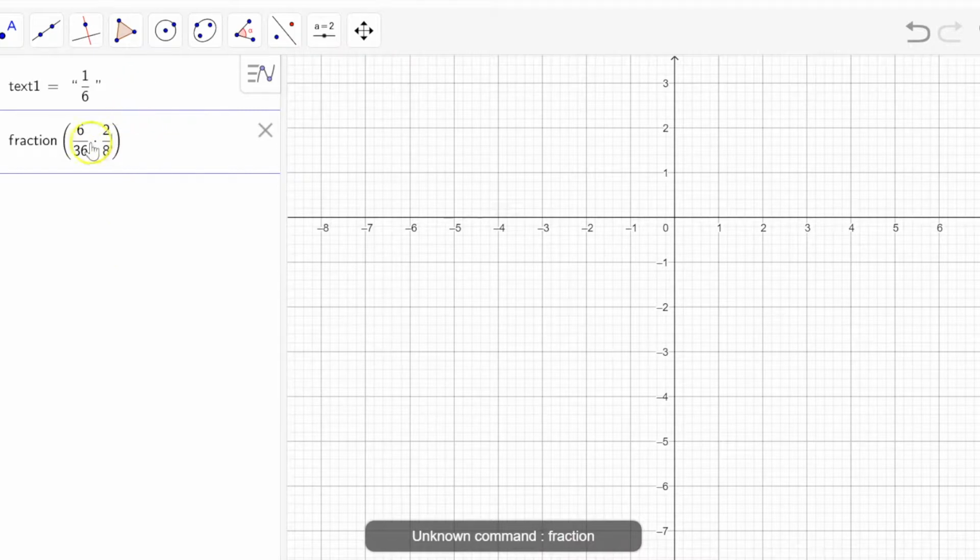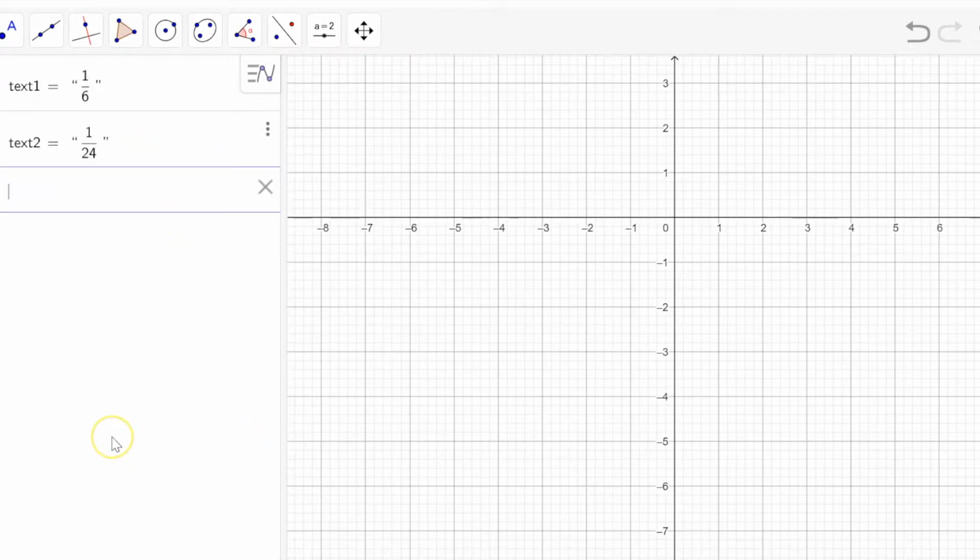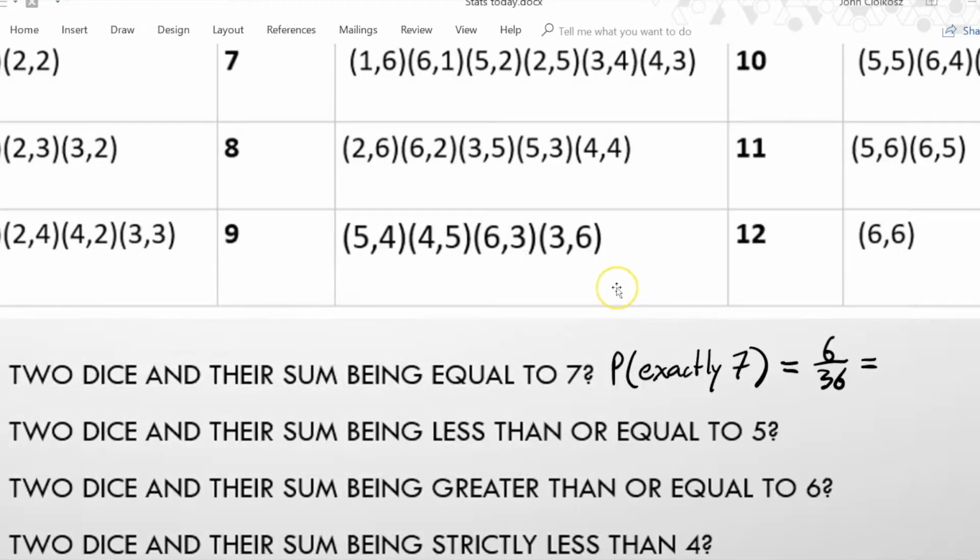I forgot to put FractionText. There we go. And it'll reduce it. So it can do pretty much all the math for you, so get used to using that. If you do not have a calculator, that'll compensate for you there. All right, so we know that reduces to 1 out of 6. So just get used to reducing them.